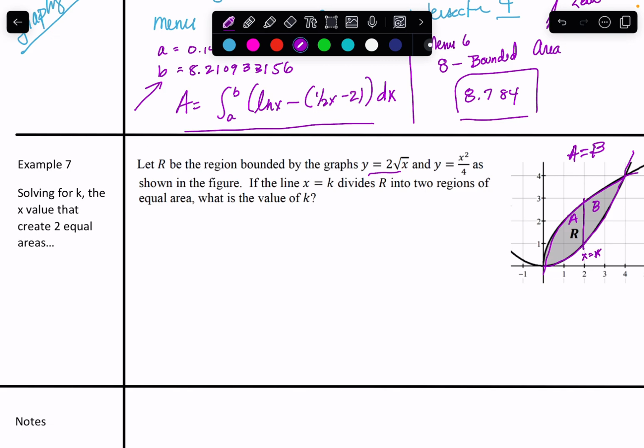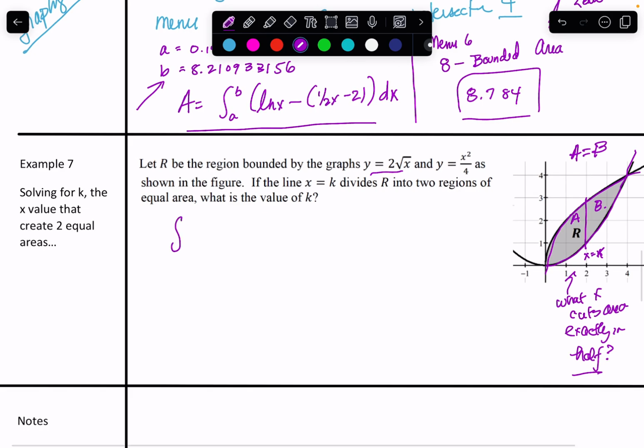So we want to know where we would be on x. What x cuts the area exactly in half? Okay, so here's how you set it up. You don't need an A equals because you're doing two pieces, setting piece A equal to piece B. Piece A would be 0 to k, and then you just do the area.